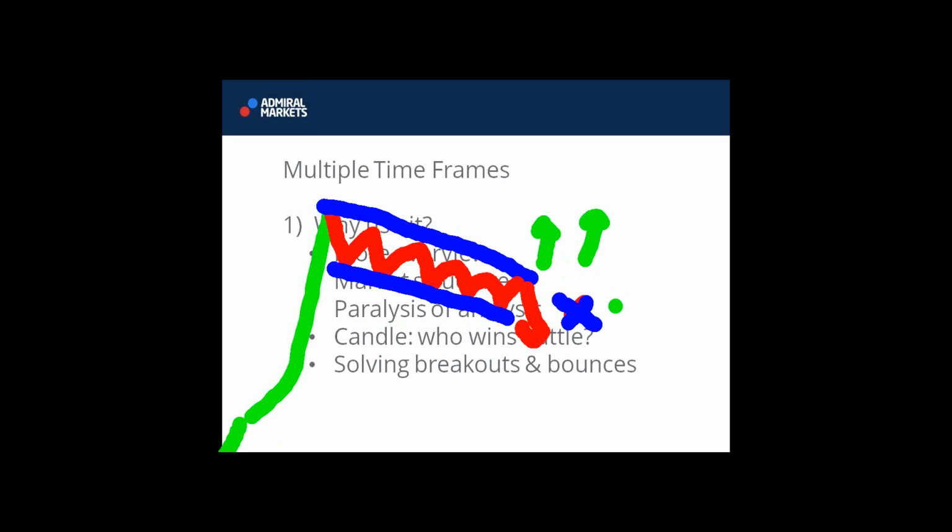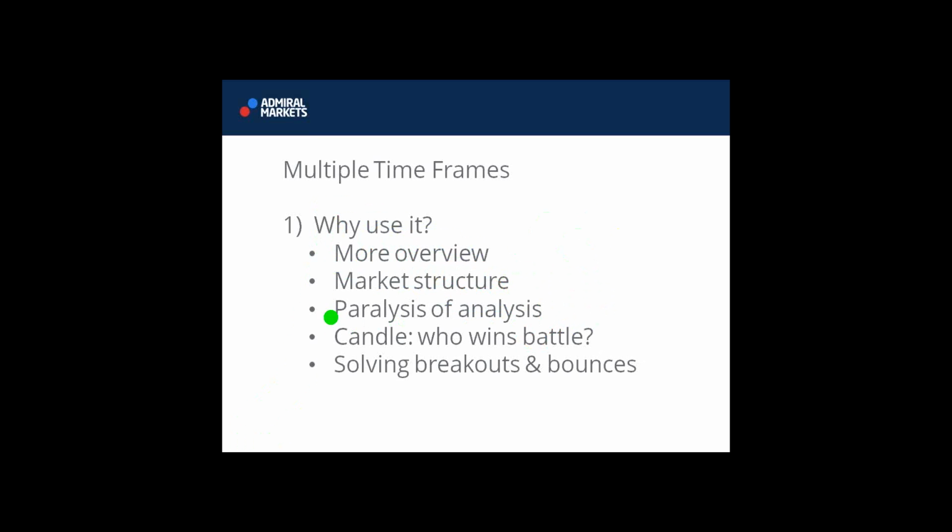In some cases, in certain very strong key level decision spots, a trader could even decide to trade it both ways. There is some disadvantage, and that is the paralysis of analysis, the fact that we get an overload of information. If we're looking at too many time frames, it could be overwhelming, and that is especially so if we're starting out with trading.